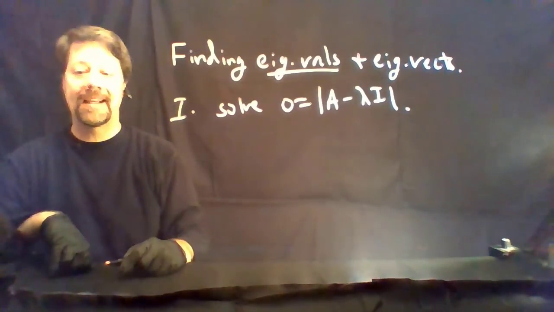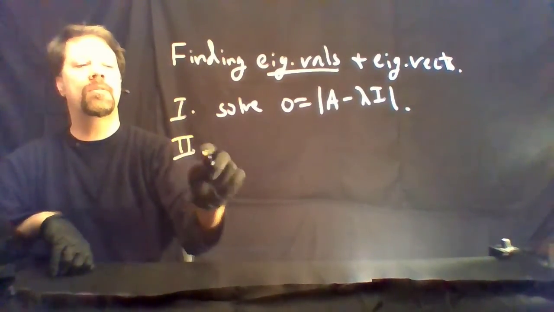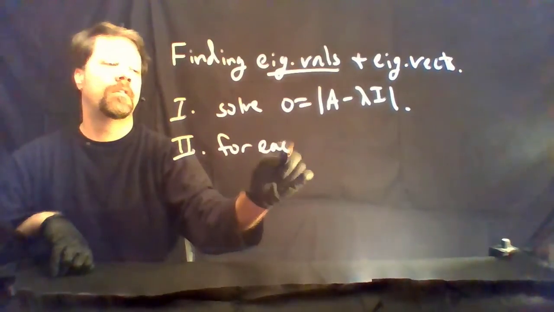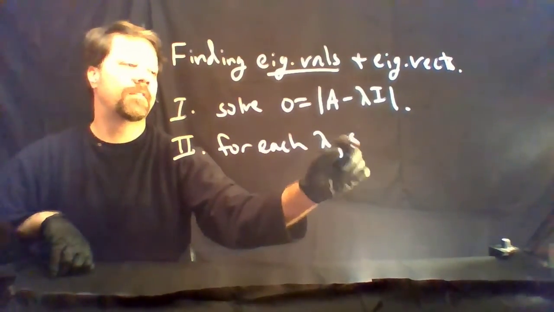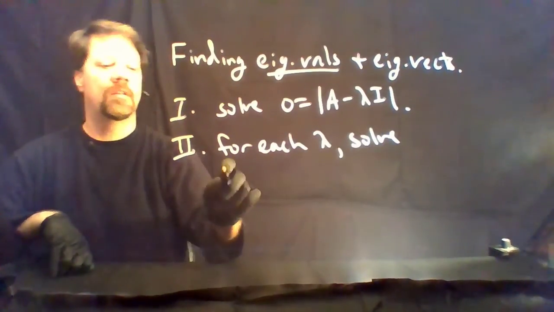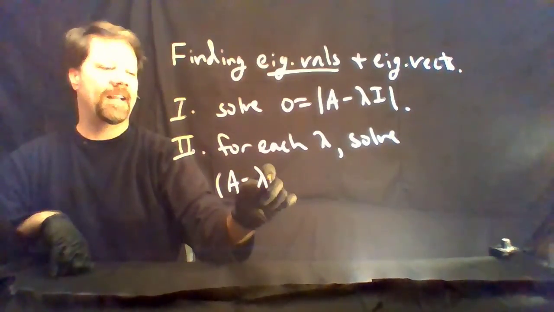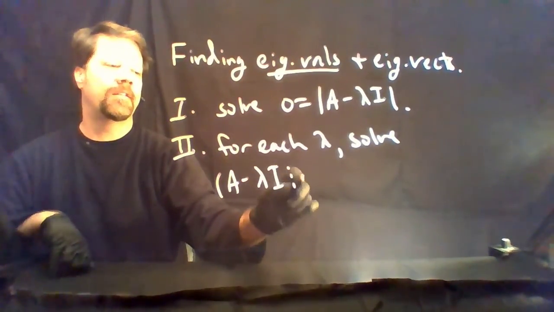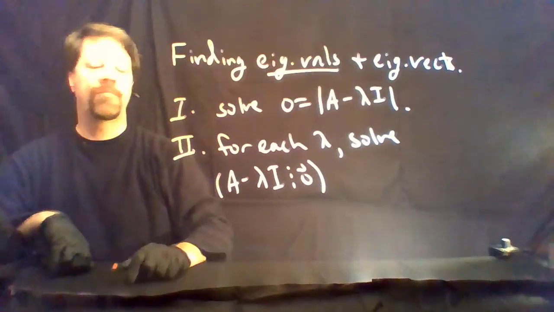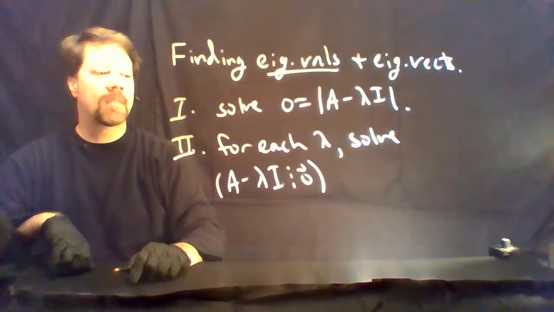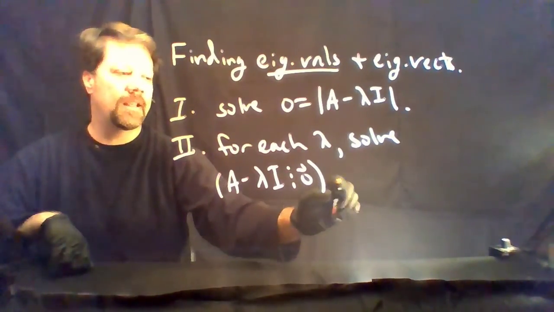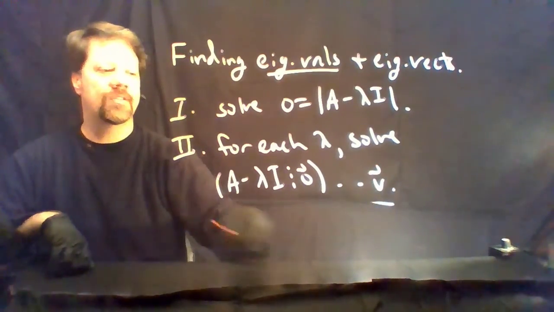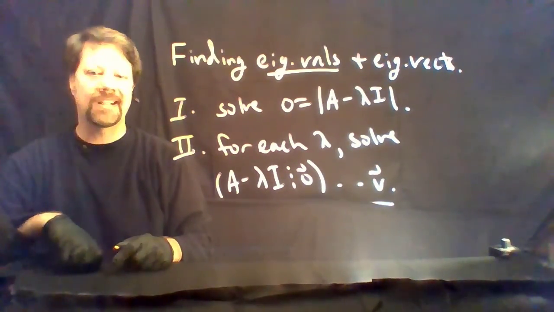That gives you the eigenvalues. 2. For each lambda, solve A minus lambda I augmented with 0 as an augmented array. In doing so, you'll end up with the eigenvectors as solutions to the corresponding linear system.